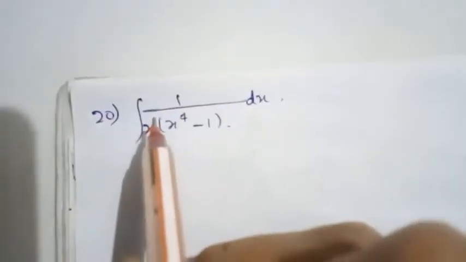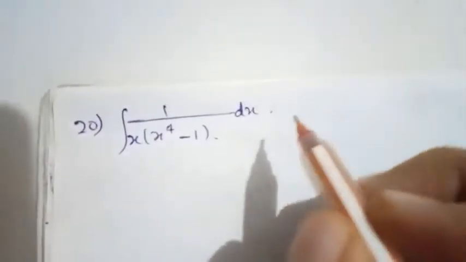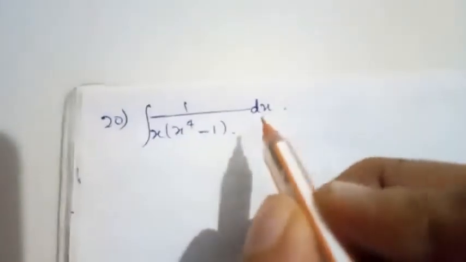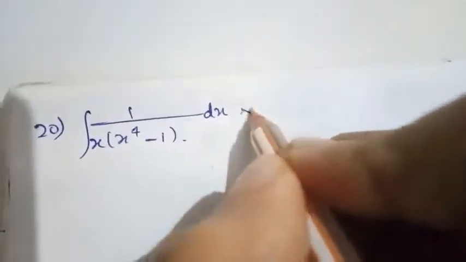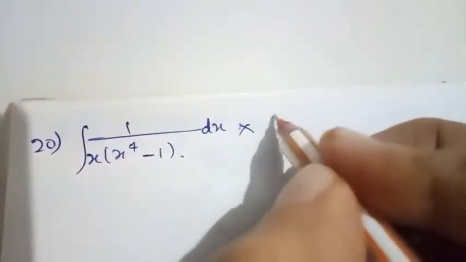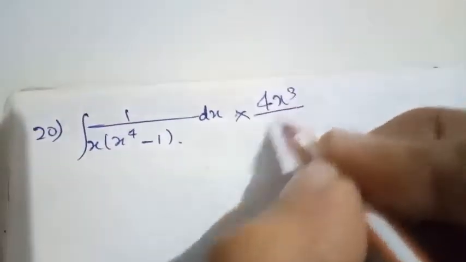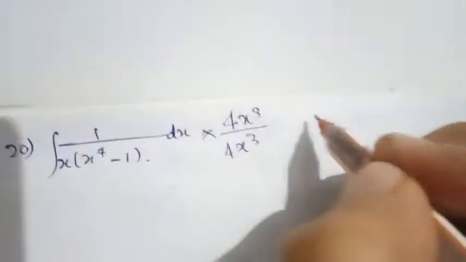The next question is integration of 1 divided by x into (x power 4 minus 1) dx. To get the integral of this given question, we are doing one small adjustment as per our requirement. I am multiplying and dividing the integrand with 4x cube divided by 4x cube. Why I am doing this, you will understand right now.